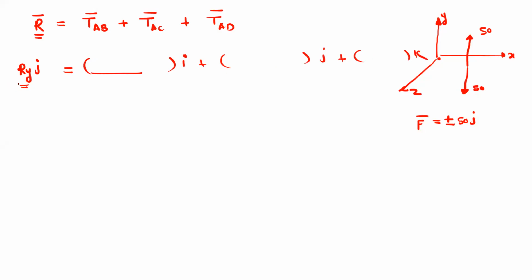We will write this in a complete vector form. So this will be 0I plus RyJ plus 0K.